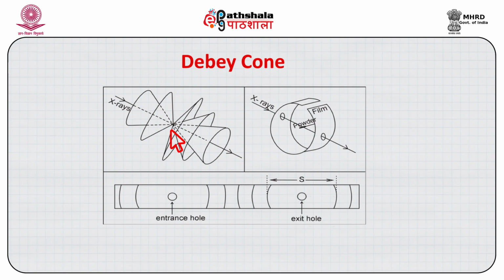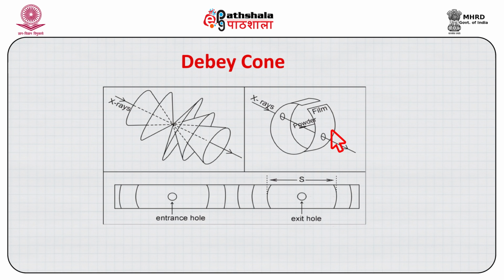Now, this cone will satisfy the Bragg's equation, and this is known as the Debye cone. And if, as it used to be in earlier times, we were putting a film around this, we will be recording the Debye cone as lines along this.